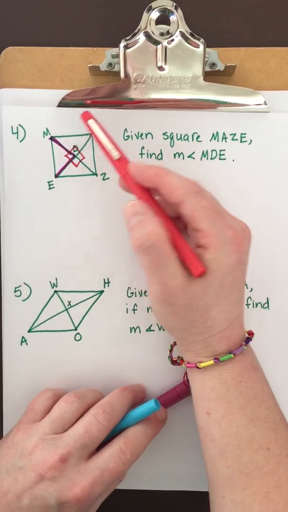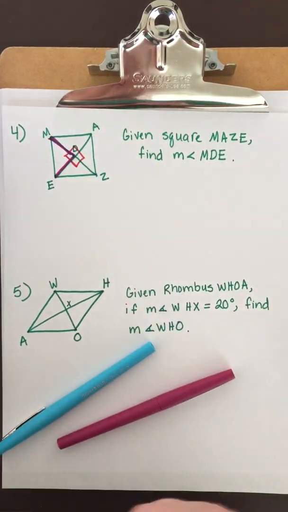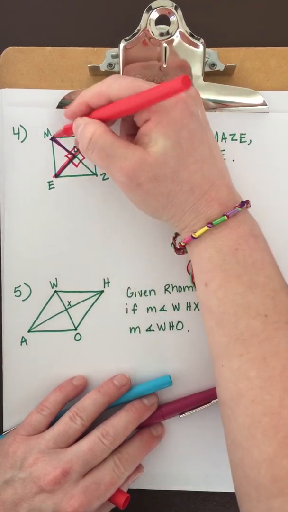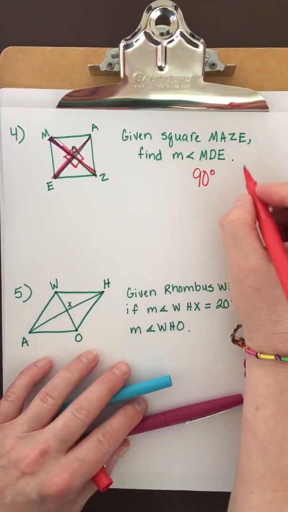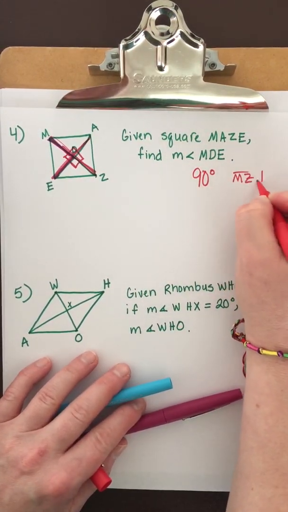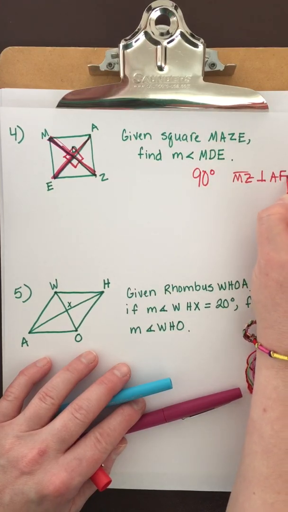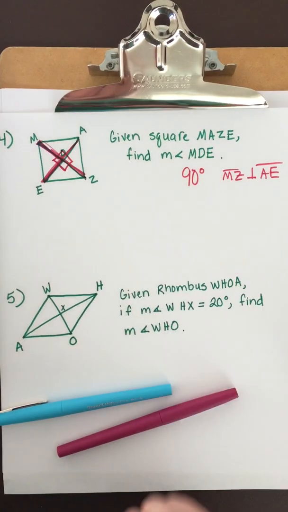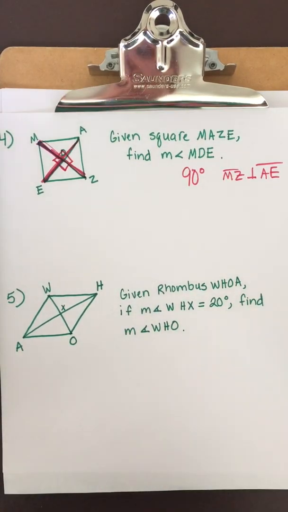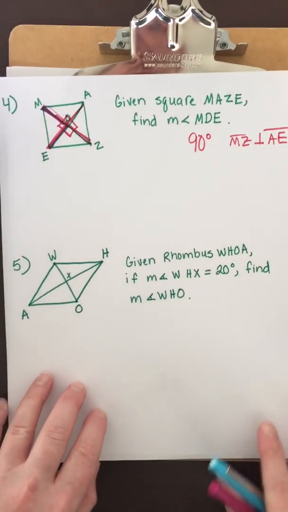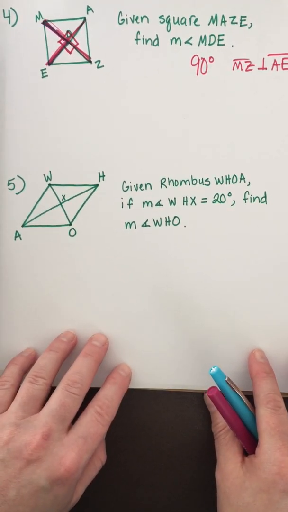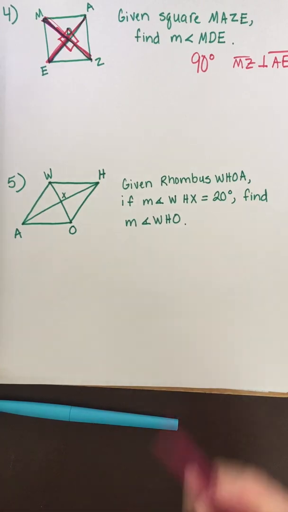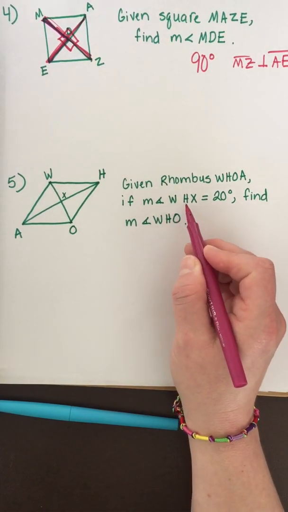So what is the measure of angle MDE? Well, it's going to be 90 degrees because these diagonals are perpendicular to each other. MZ is perpendicular to AE because that's what my theorem says. So 90 degrees.